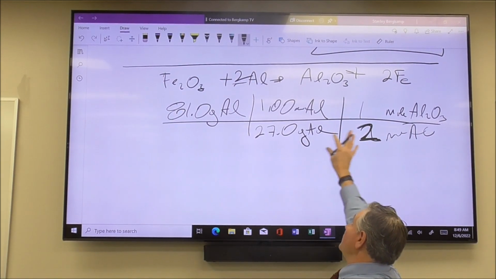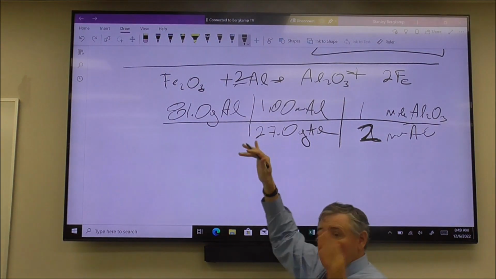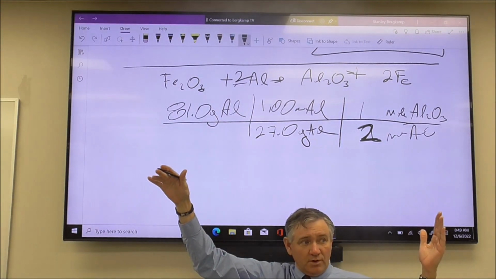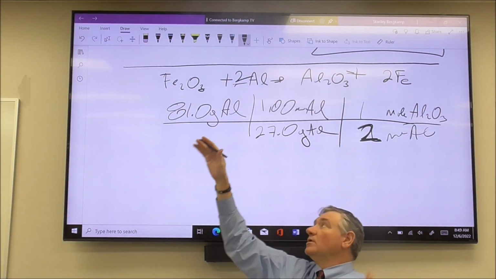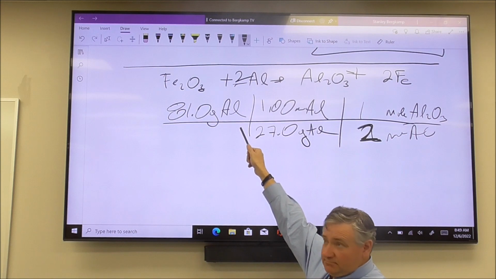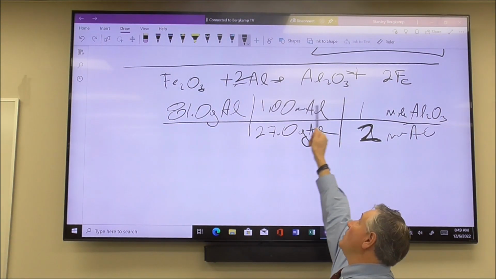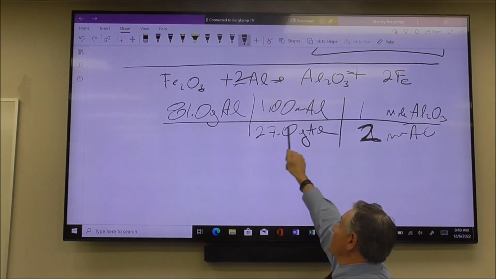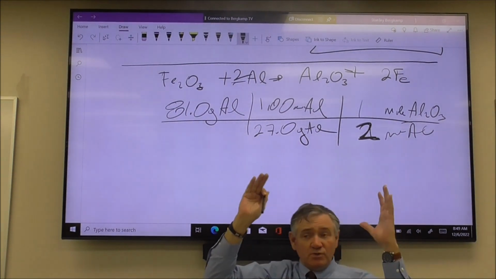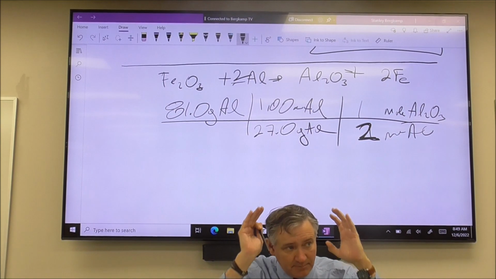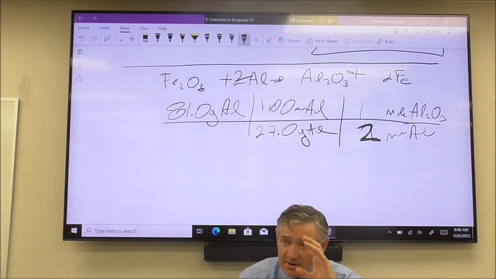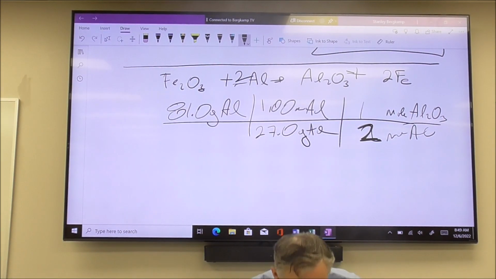You have to put this in brackets so that you're in effect dividing by 54. Your calculators do wonderful things. So put that 27 times 2 in brackets so that your calculator does the correct order of operations.